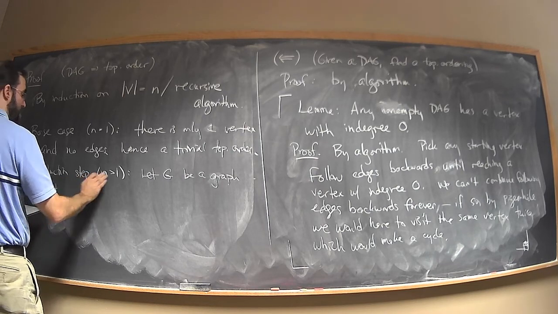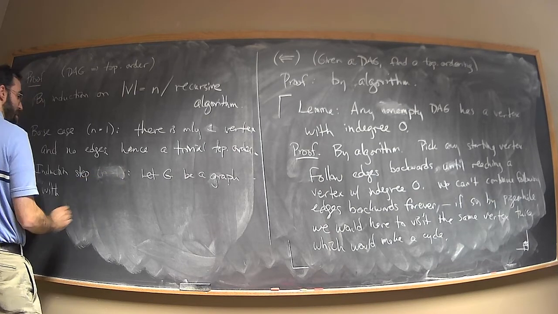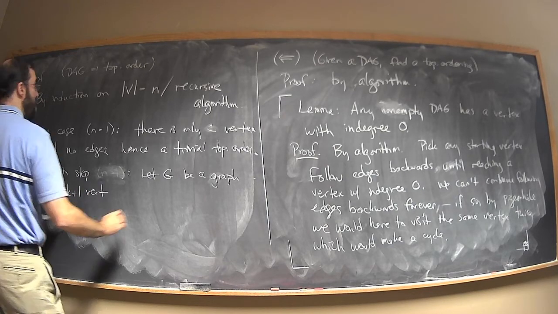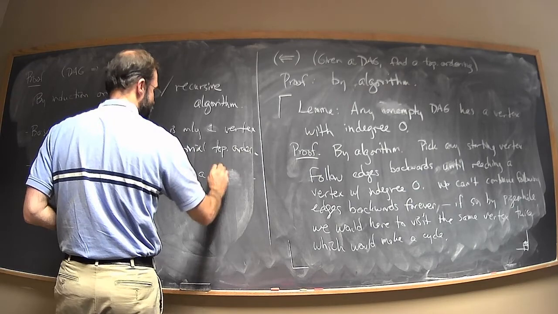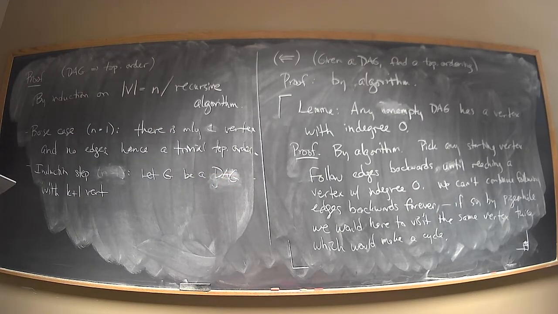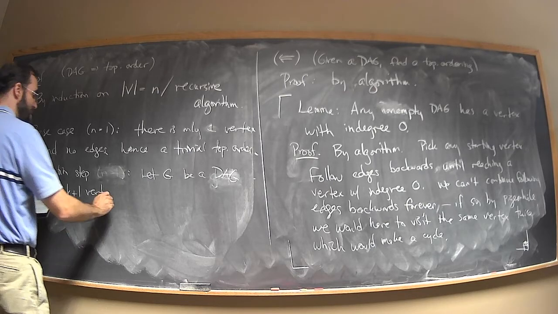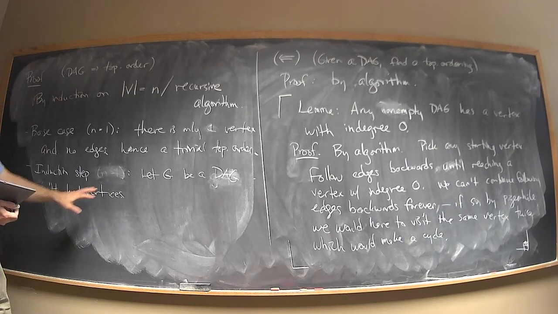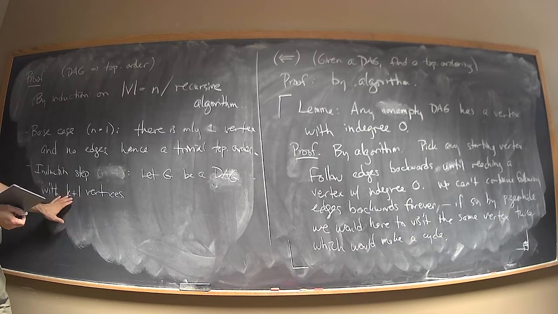Let G be a graph with k plus 1 vertices, a DAG. So we're starting with a DAG that has k plus 1 vertices, and we want to show it has a topological order. Our induction hypothesis is that any graph with k vertices that's a DAG has a topological order.